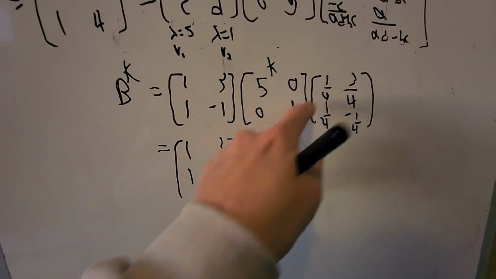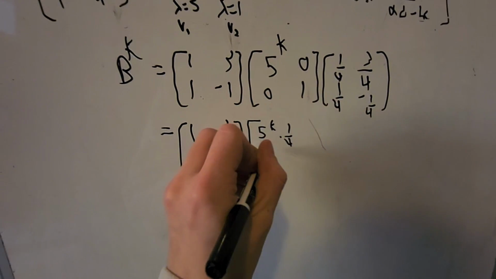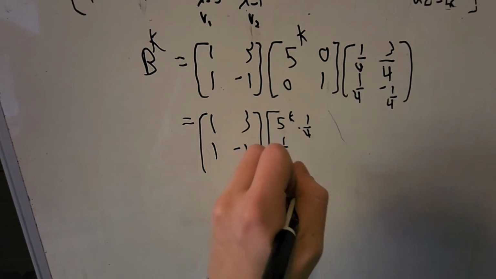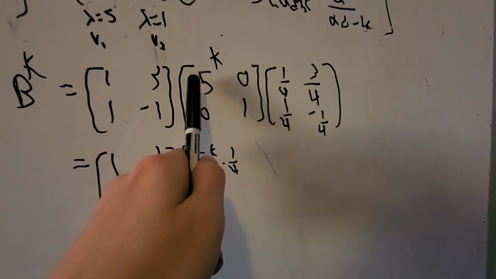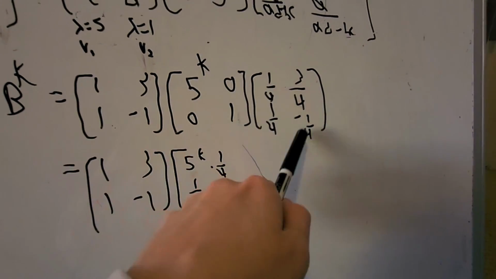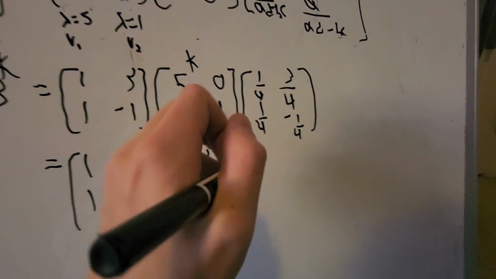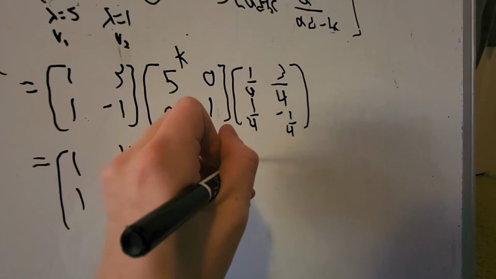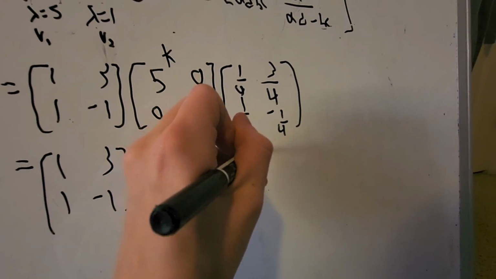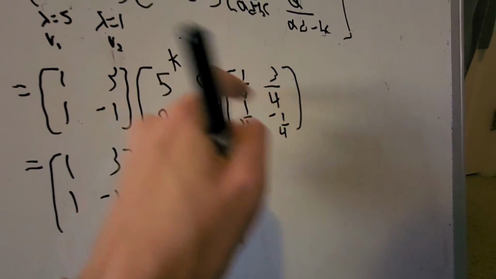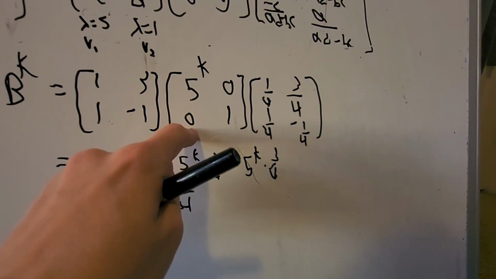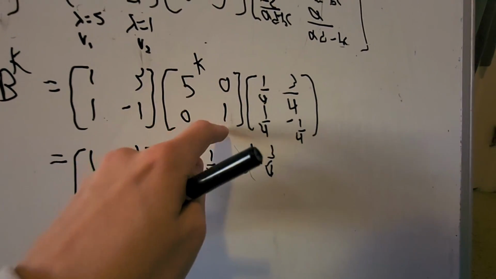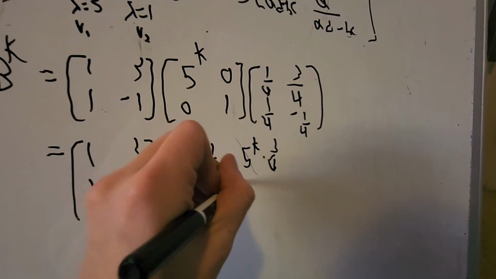For this entry, 0 times 1/4 plus 1 times 1/4 is just 1/4. For this entry, we do this times this, plus this times this. So 5 to the K times 3/4 plus 0. Okay. Now this times this, 0. This times this, negative 1/4.